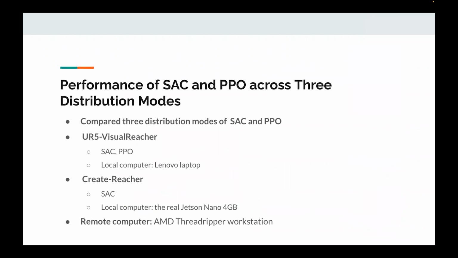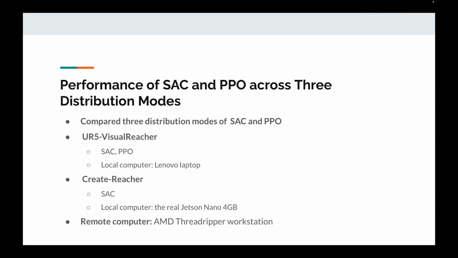So next, we investigated how to utilize the resources of a wirelessly connected workstation to compensate for the performance loss. We use the most common setting in practice, where the robot is tethered to a small resource-limited computer and wirelessly connected to a powerful workstation. Stack was tested on UR5 visual reacher and the Create reacher, where PPO was only tested on the UR5 visual reacher.